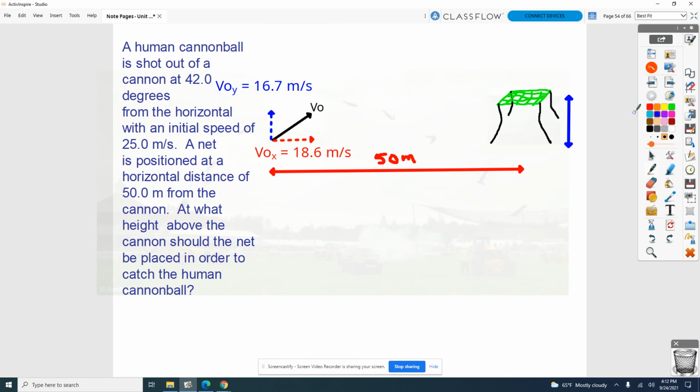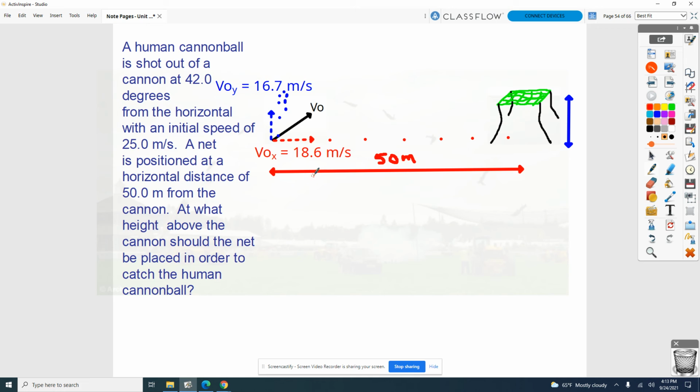So if I want to, again, visualize this motion horizontally as a constant speed motion, just showing those little dots there, if we could figure out how long it takes for him to travel rightward 50 meters, then we also know how long it takes for him to rise and fall. And so our goal here is to link those two things together.